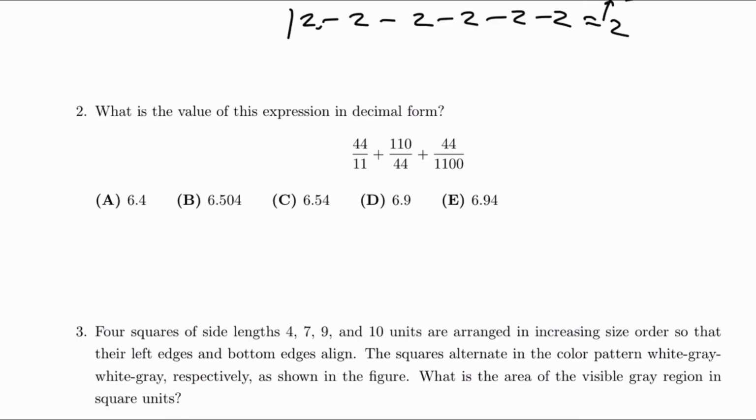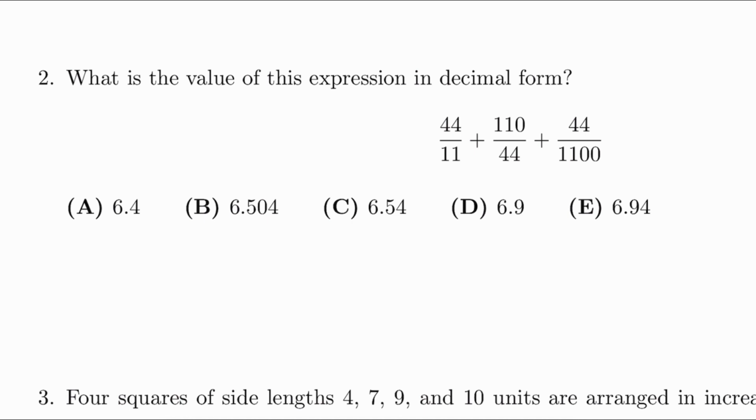Number 2 asks us, what is the value of the expression in the decimal form? 44 over 11 is just 4. 110 over 44, we can factor out an 11, so that becomes 10 over 4.